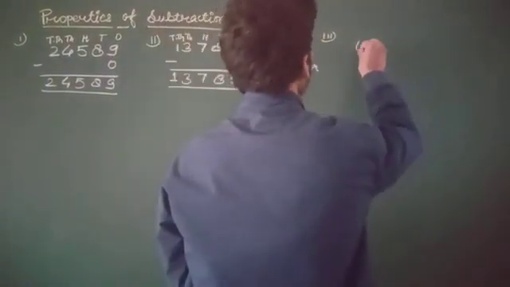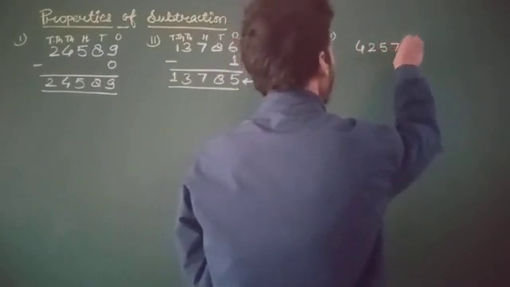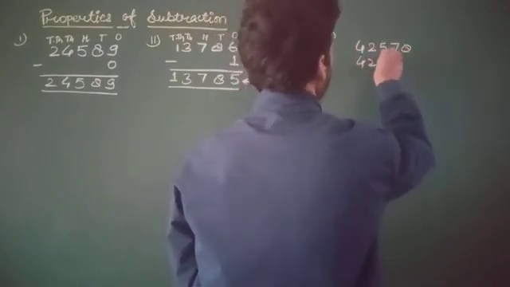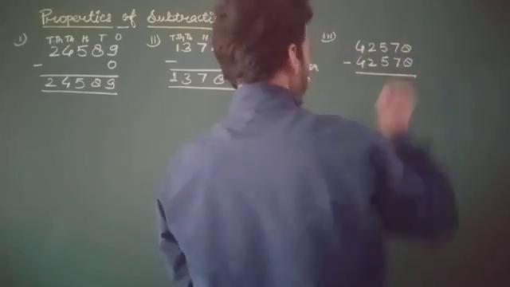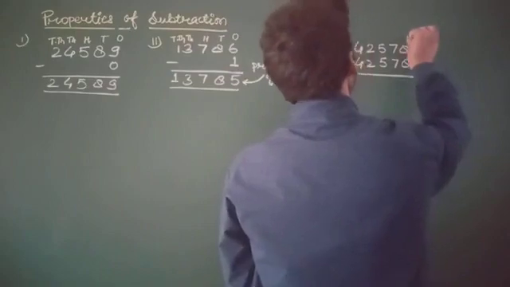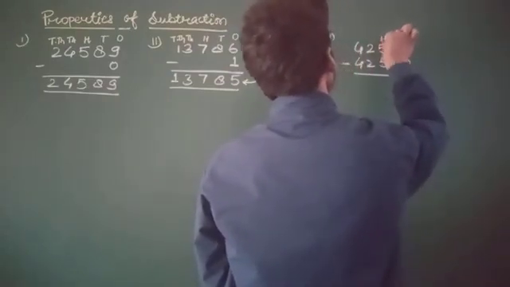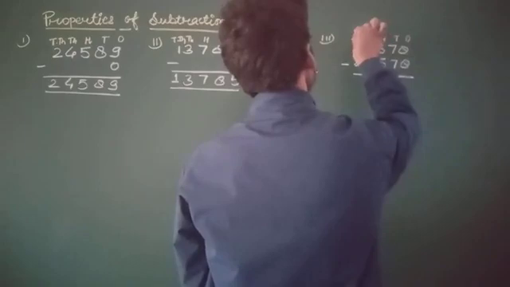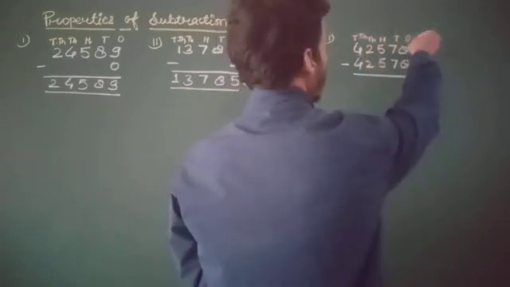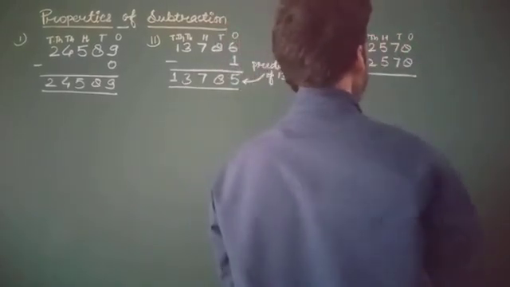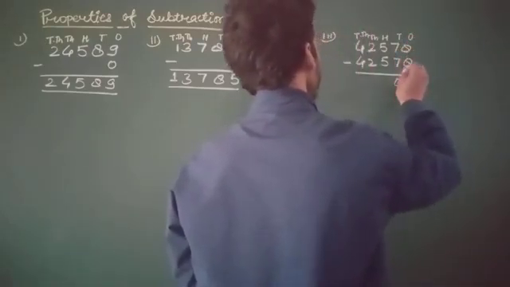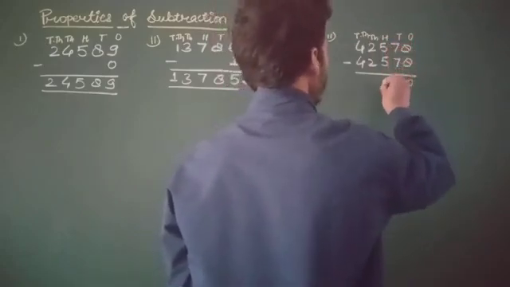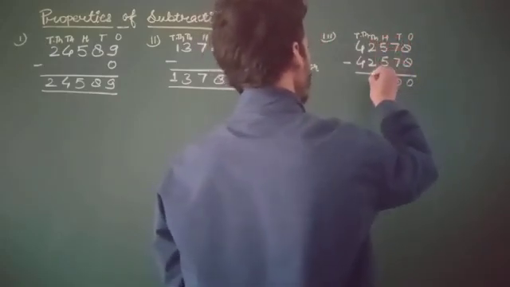Okay, 42,578 minus 42,578. Firstly we subtract the ones, tens, hundreds, thousands and ten thousands. 8 ones minus 8 ones is 0 ones. 7 tens minus 7 tens is 0 tens. 5 hundreds minus 5 hundreds is 0 hundreds. 2 thousands minus 2 thousands is 0.